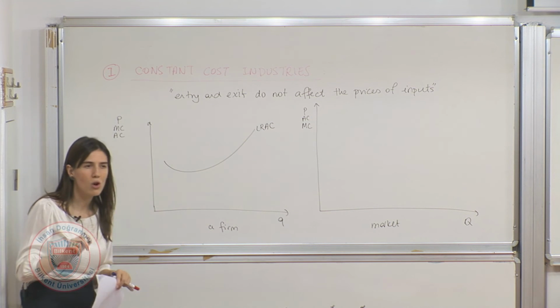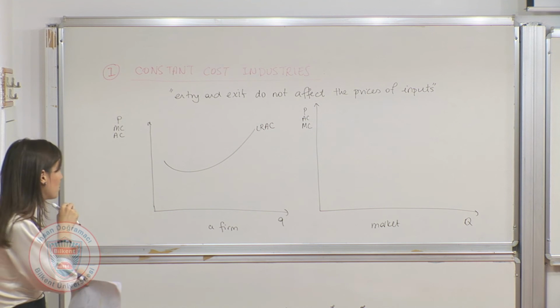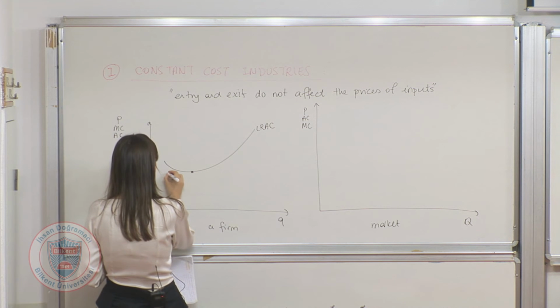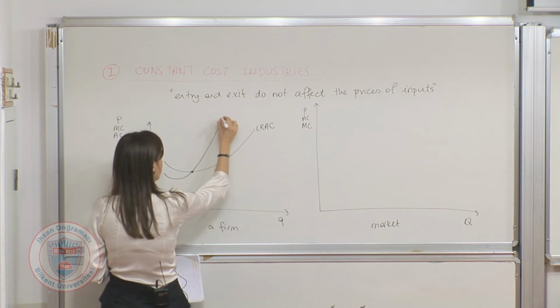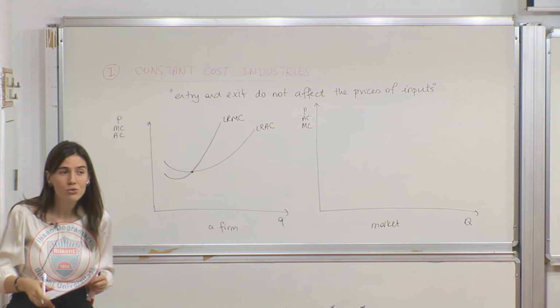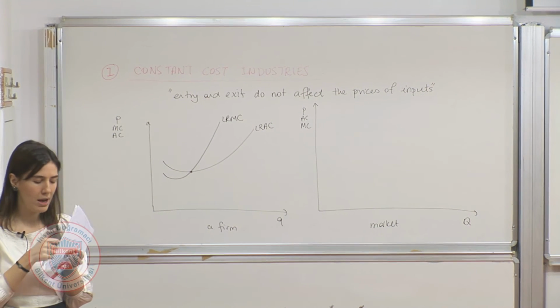And if I want to draw long run marginal cost, how should I draw it? It should go through where? The minimum, right? So let's have this long run marginal cost. Now I want to draw the short run marginal cost. Where will this pass?